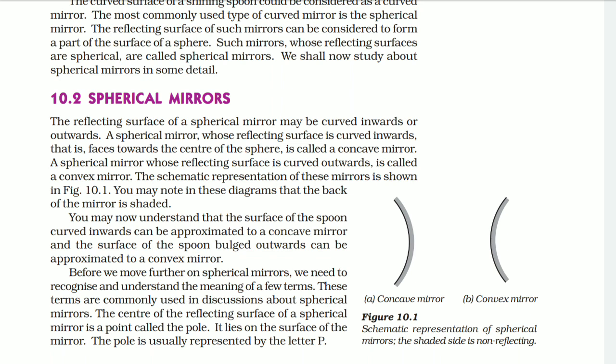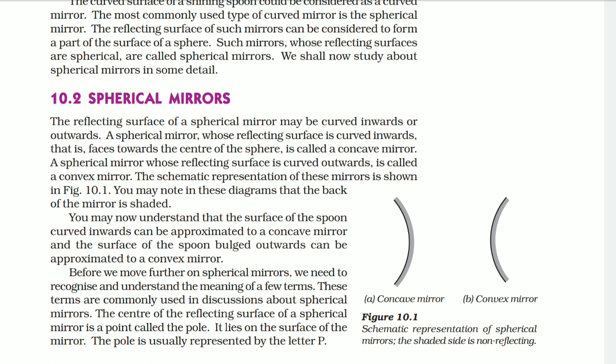So, on the basis of the reflecting surface, they are divided into two types, concave and convex. The schematic representations of these mirrors are shown in this figure. You may now understand that the surface of a spoon curved inwards can be approximated to a concave mirror, and the surface of the spoon bulged outward can be approximated to a convex mirror.